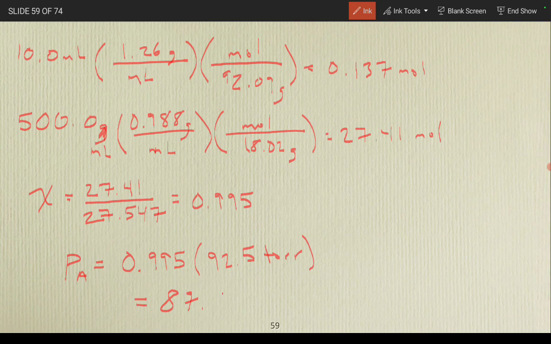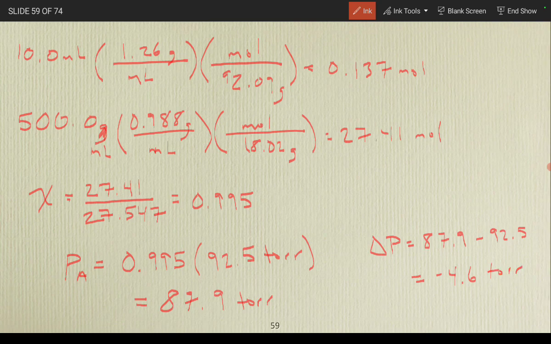But then the vapor pressure of the solution is going to be 87.9 torr. But since we're looking for delta P, we've got to do final minus initial. So we'll do 87.9 minus 92.5, and we'll get a delta P of negative 4.6 torr.